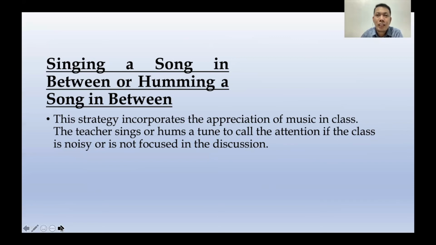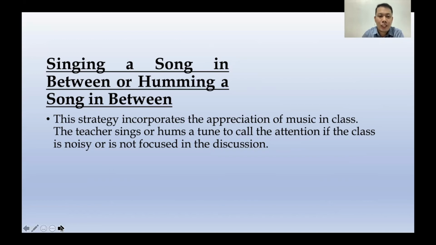When they are noisy and you sing in the class, they have to respond. So it's like to get their attention. So let's say the class is noisy and you sing Bahay Kubo. You'll sing Bahay Kubo kahit munti. Then susundan nila yon. So sasabihin nila, ang halaman doon, and so on and so forth. So in that case, you will be able to get their attention.